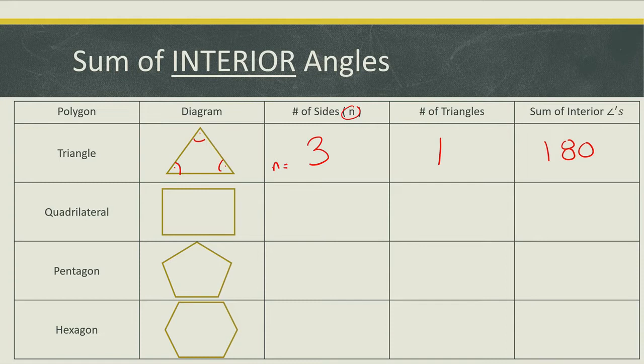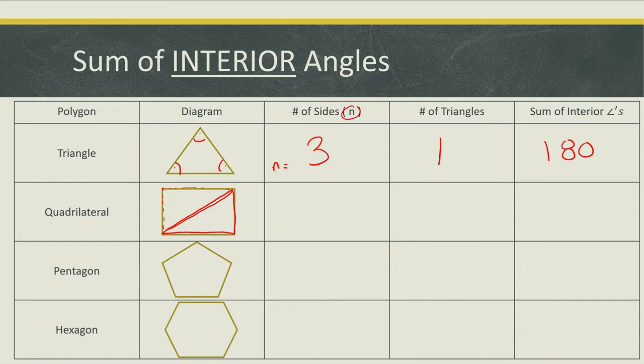Now we look at a quadrilateral, any four-sided figure. We're trying to figure out the sum of the interior angles in here. It's not necessarily a rectangle, although it looks like one. What we can do is break it down into triangles. Here's my first triangle, and here's my second triangle.